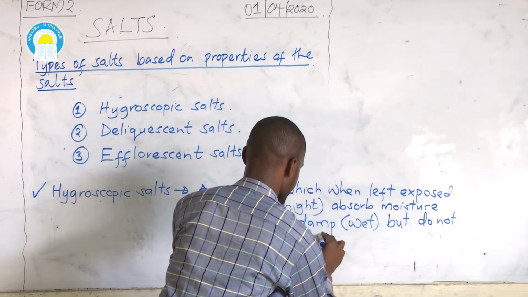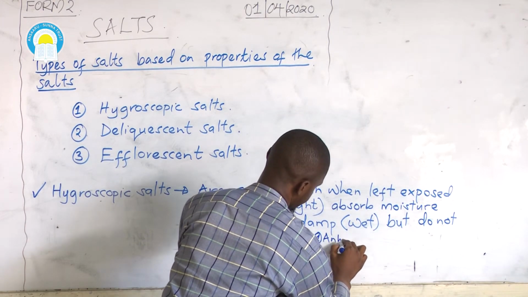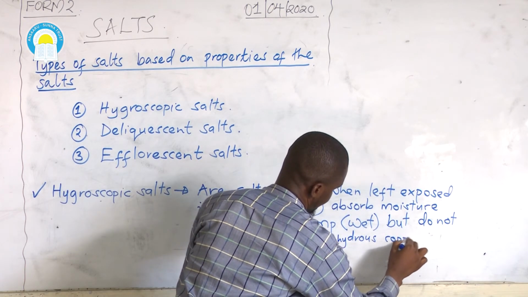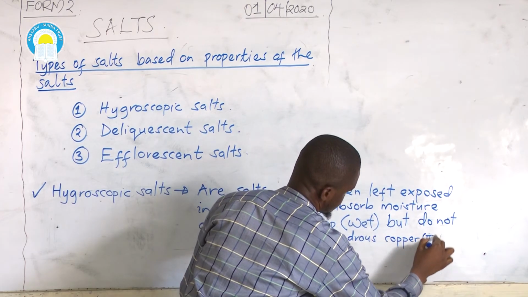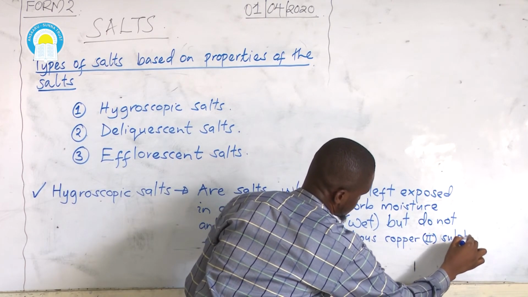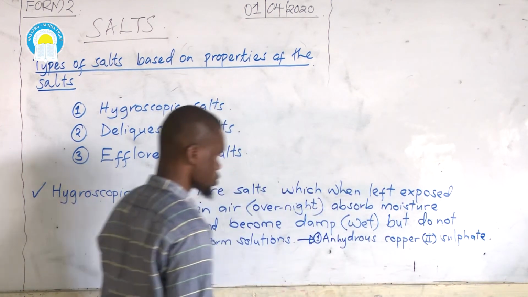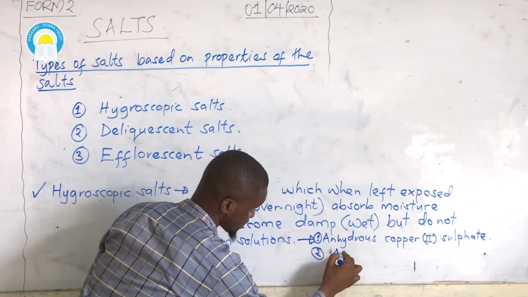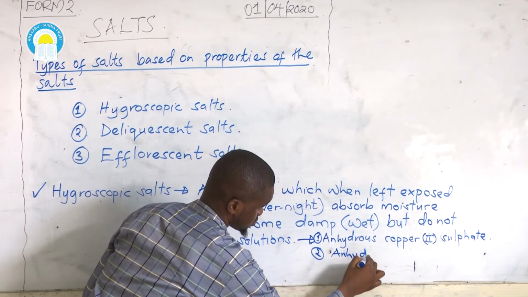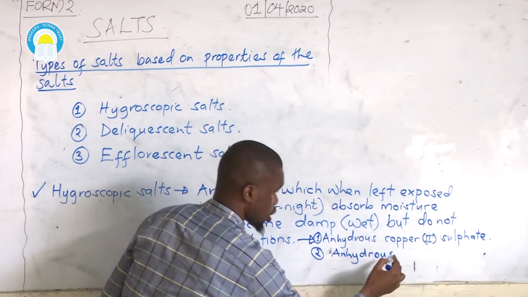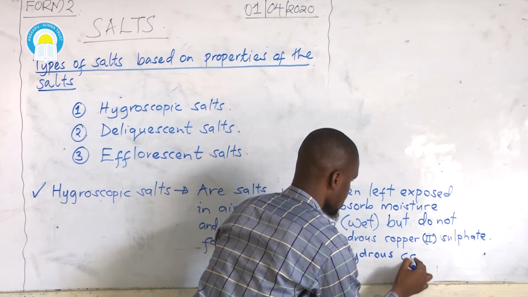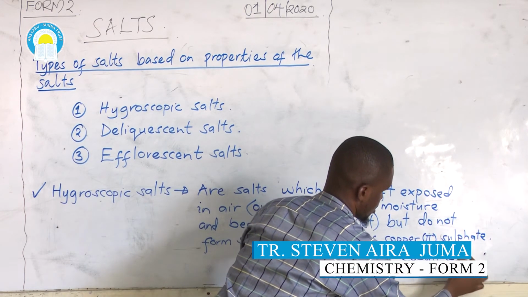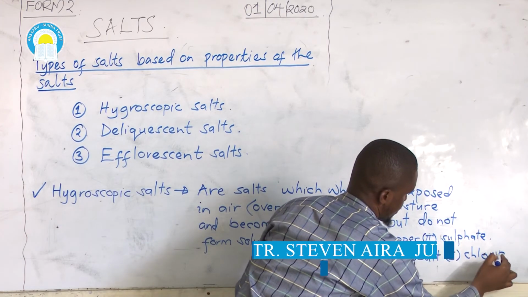We have one example, anhydrous copper 2 sulfate. We also have number 2 example, anhydrous cobalt 2 chloride.